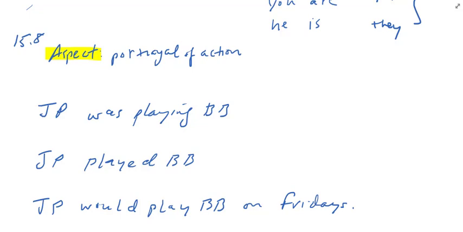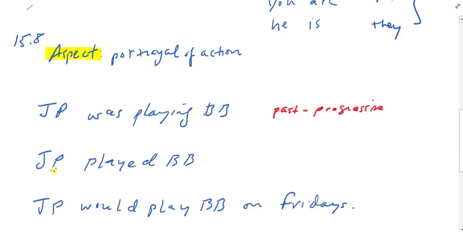Notice here that there is a distinction in these two forms. The first one has to do with not just being past, but progressive, right? I'm choosing to portray that action as being in process. JP was playing basketball when he tore his ACL, for example.